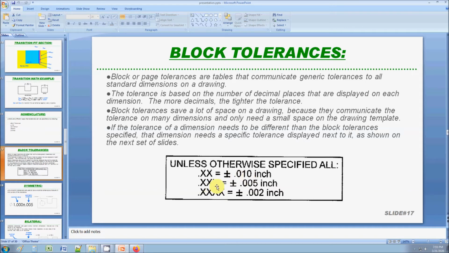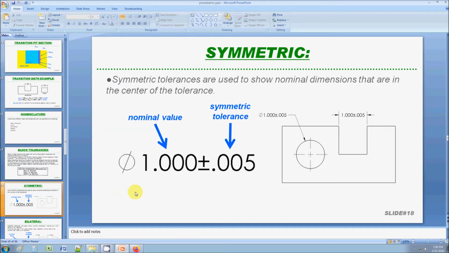If it has 3 decimal places, the tolerance is going to be 0.005 inches. So the more decimals you place on your number, it's going to communicate a different tolerance. But if you need to deviate from these numbers, then you got to place a dedicated tolerance right next to the nominal value.